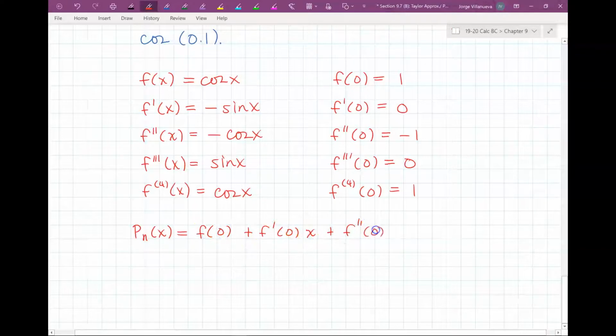F double prime of 0, x squared over 2 factorial. F triple prime at 0, x cubed over 3 factorial. F quadruple prime at 0, x to the 4th over 4 factorial. That was my reference so that I knew exactly what I had to do.